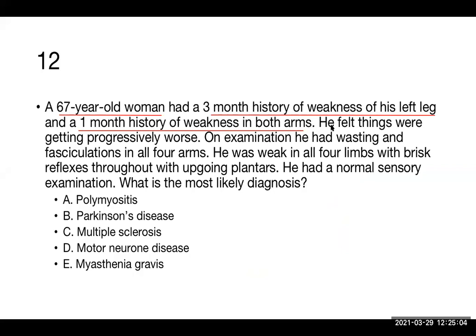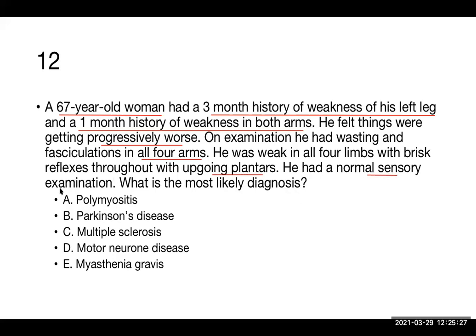Okay, please correct it. She felt things were getting progressively worse. On examination, she had wasting and fasciculation in all 4 limbs. Okay, she was weak in all 4 limbs with brisk reflexes throughout with upgoing plantar. She had a normal sensory examination. What is the most likely diagnosis?